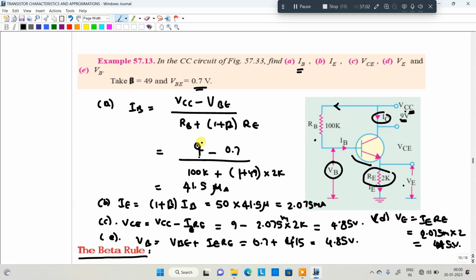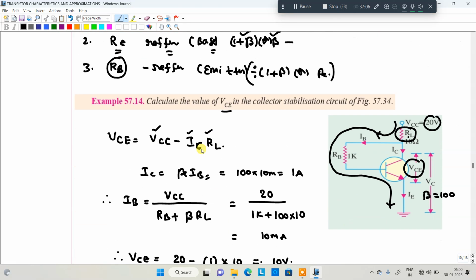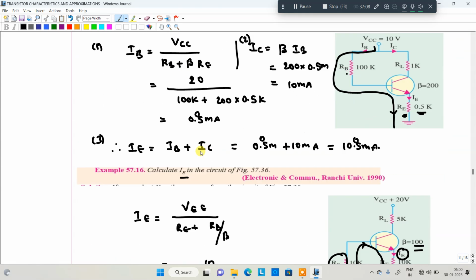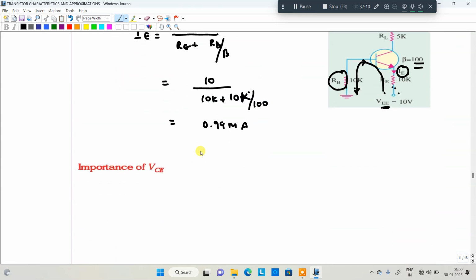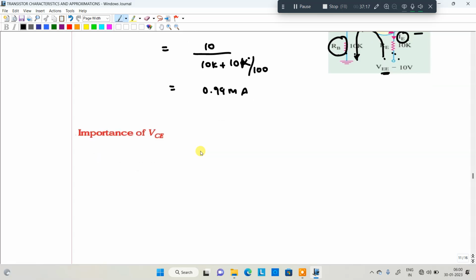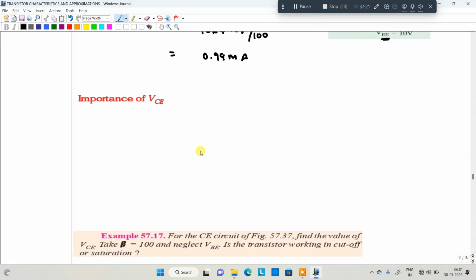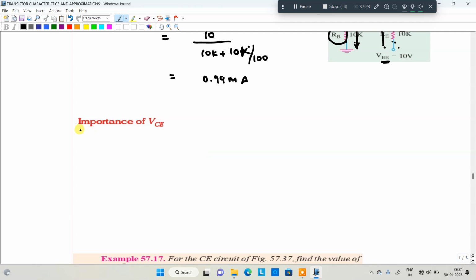Up to this we completed the beta rule, the common emitter and common collector formulas, and problems related to everything. Then we are moving to a very important concept. You may expect one question from here: the importance of VCE. While testing the transistor, we can test the VCE.